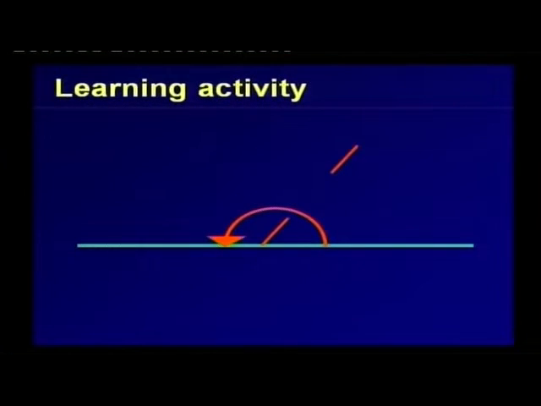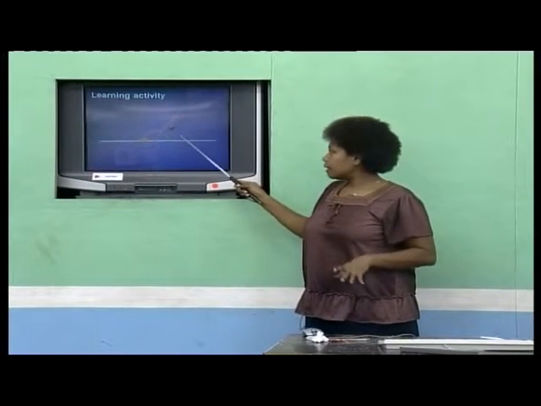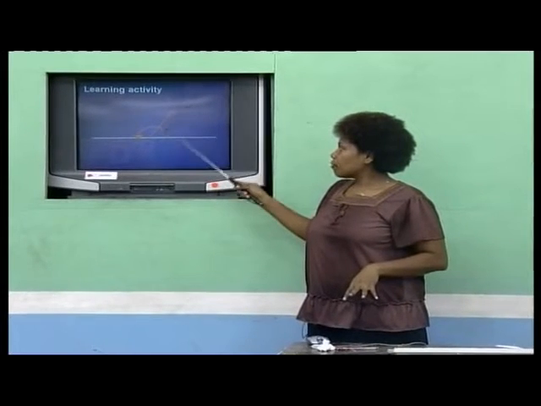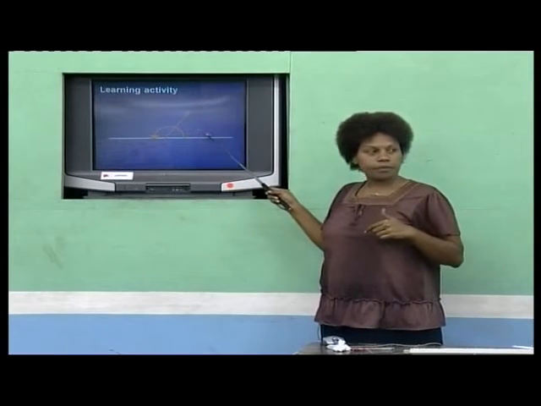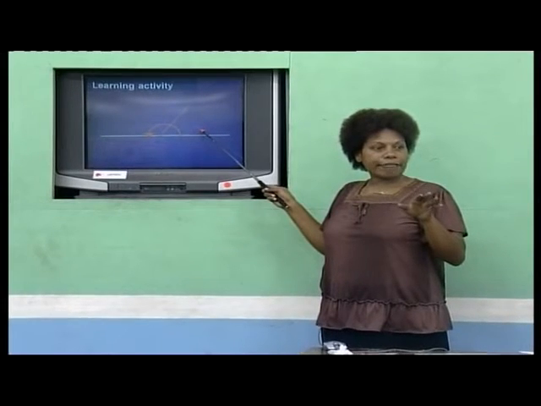Okay, class. If I were to draw a line diagonally here in the middle of the straight angle, what type of angles will I have?